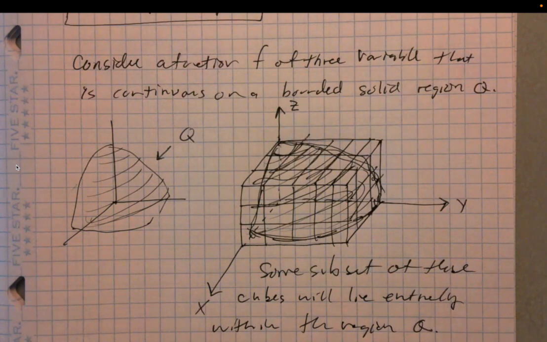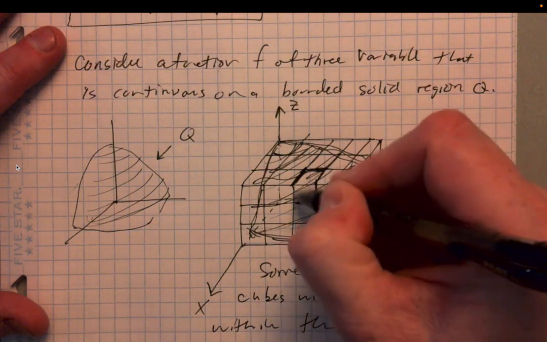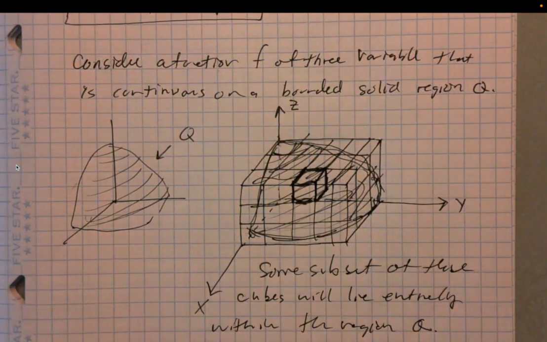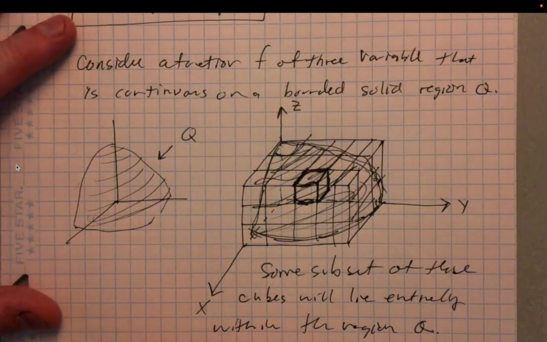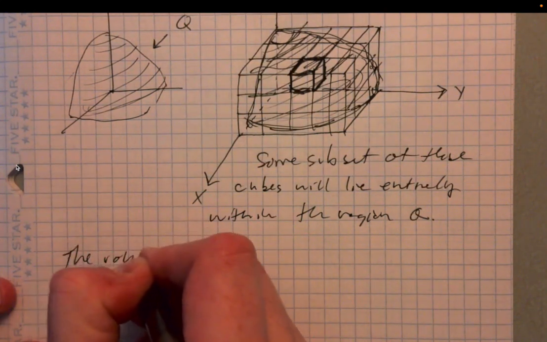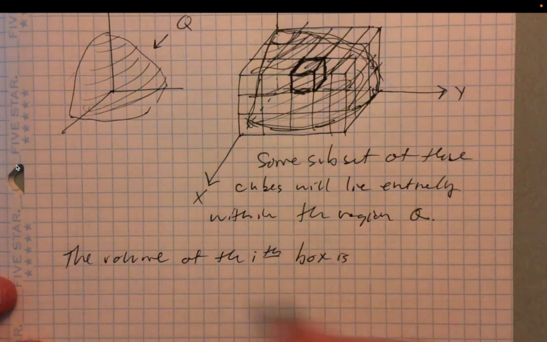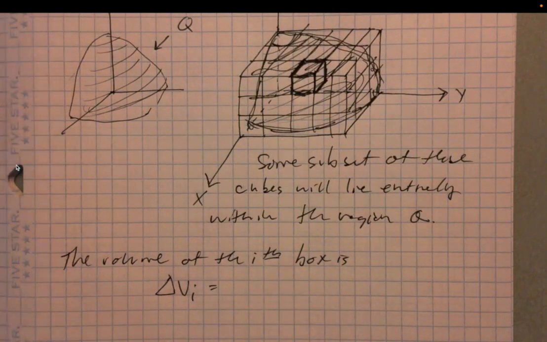If we consider a single box, let's just take this one for example, you can imagine this is going to lie in there, kind of recessed. If we take this as our initial box to examine, what's the volume of this box? The volume of the ith box is delta V i, and it's just going to be equal to base times width times height.